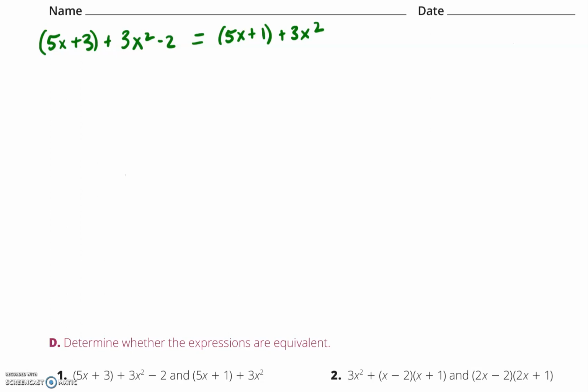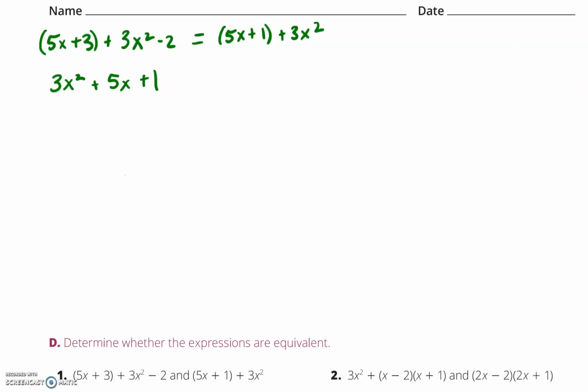There's nothing to multiply on the outside of these parentheses, so that just tells me I need to go straight into combining like terms. I don't have any other squared terms, so I'm going to write 3x squared, and then I go down to my x term. 5x is the only x that I have, so plus 5x, and I do have two constants here. 3 plus a negative 2 would give me a positive 1.